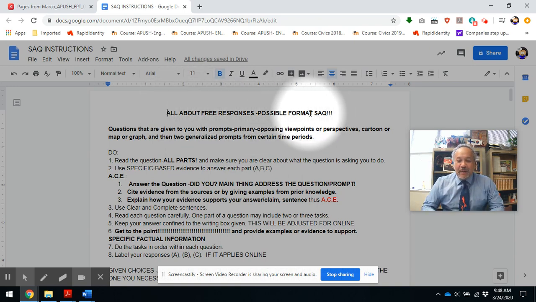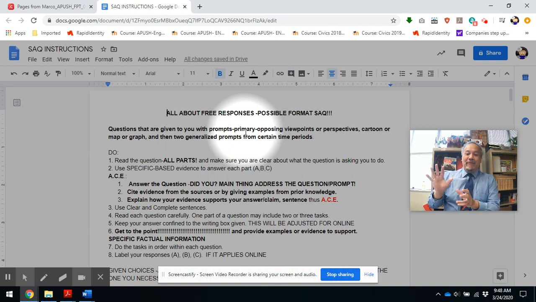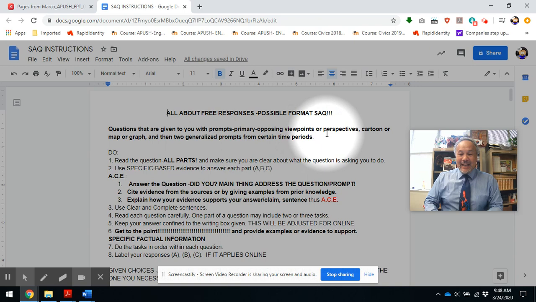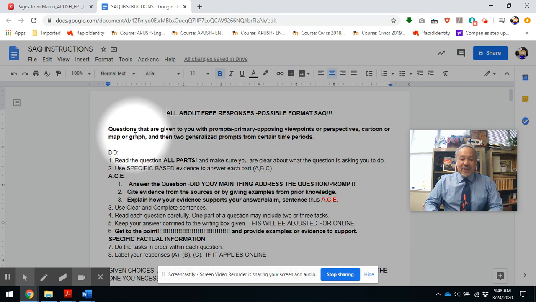All about free response, possible format, short answer questions. These are questions that are given to you with prompts. And usually what they did before, you had some kind of opposing viewpoint questions. You had a cartoon or map in here, and then 2 generalized prompts from certain time periods.